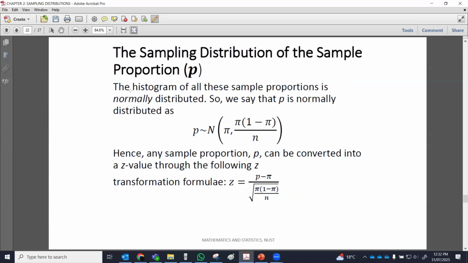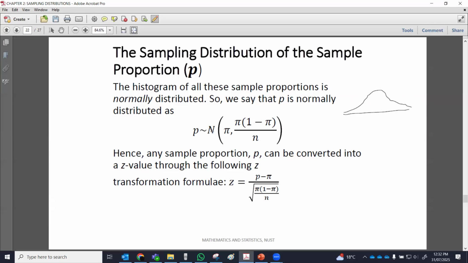Okay, so the histogram of all sample proportions is normally distributed. Again, remember, normally distributed just means it has a distribution like this. Very few in the extreme ends, very few in the extreme highs, and most of them lie in the middle over here. So we say that P is normally distributed. The tilde is the symbol we use to say it is the distribution.